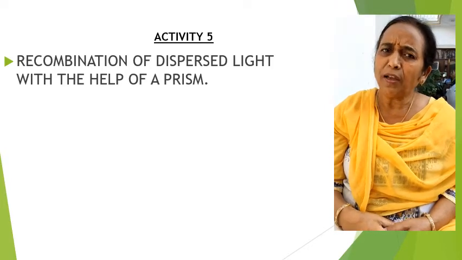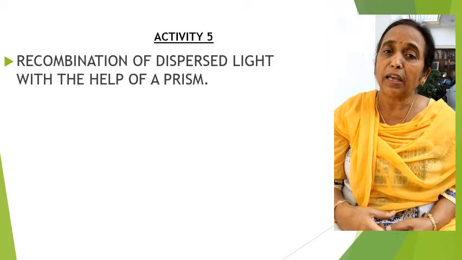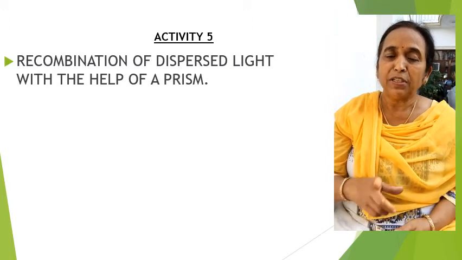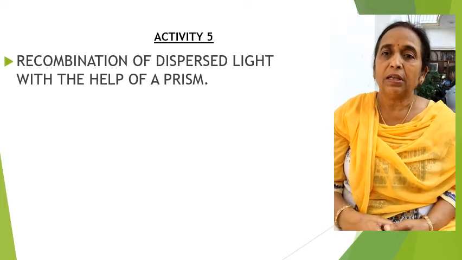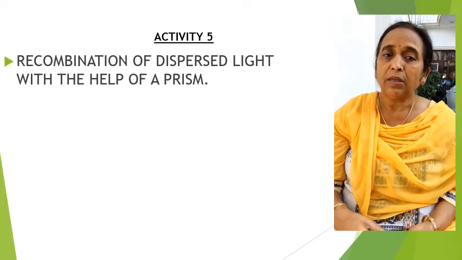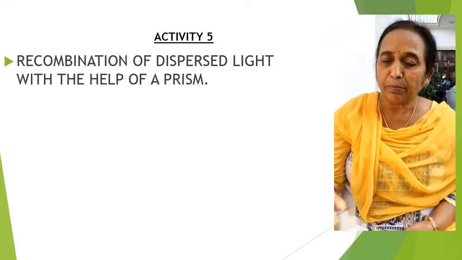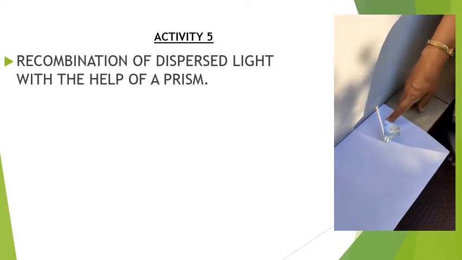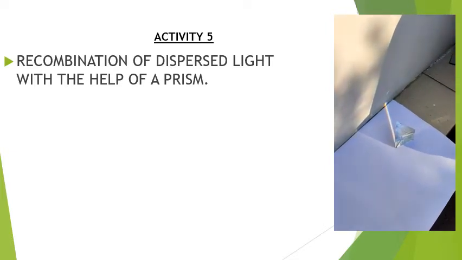Is there any way in which you can again join the 7 colors into a single color? If a prism can disperse the light into its 7 colors, we can again join the spectrum, that is 7 colors, into a single color. How?